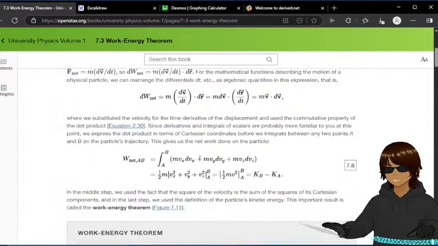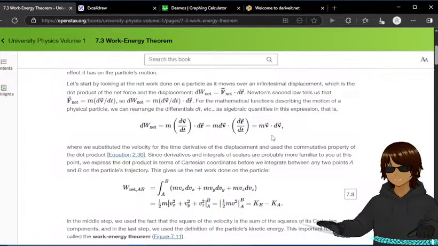We have this. Is the velocity, no wait, we have dv. Is the velocity constant? No, that doesn't make sense.